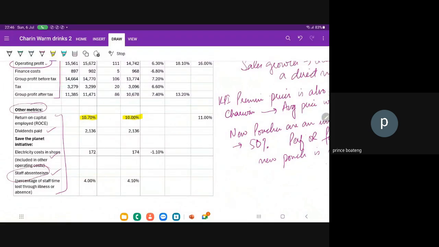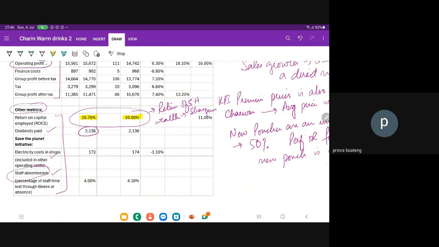And that's it. So return on capital employed is an accounting measure, right? This actually shows return of shareholder. It does not show the shareholder wealth. That can be measured by share price.